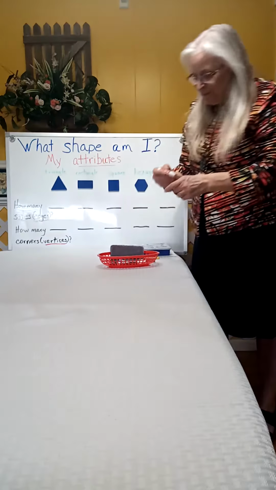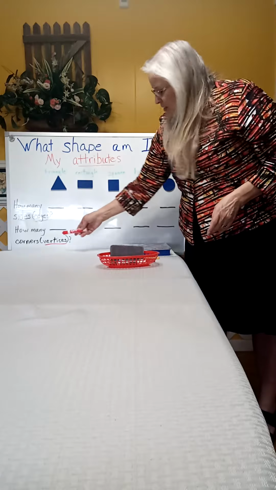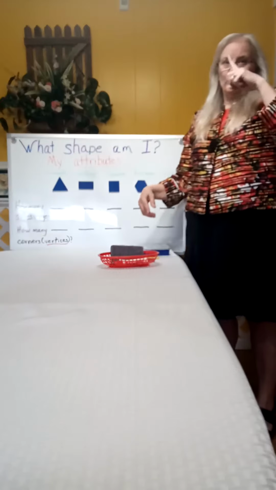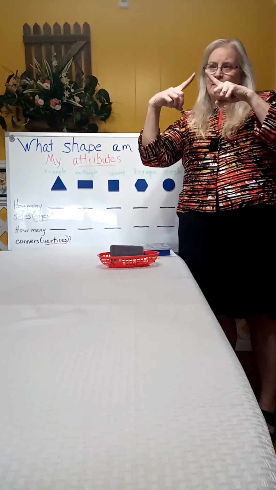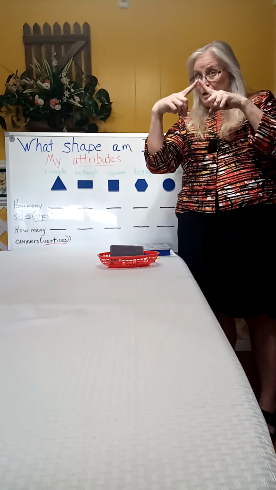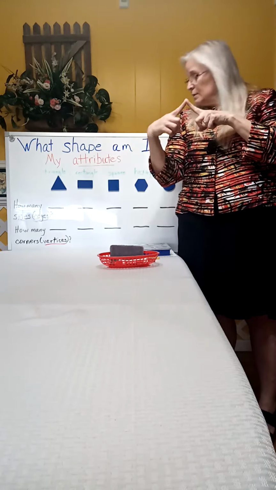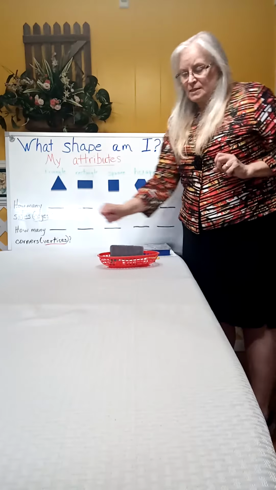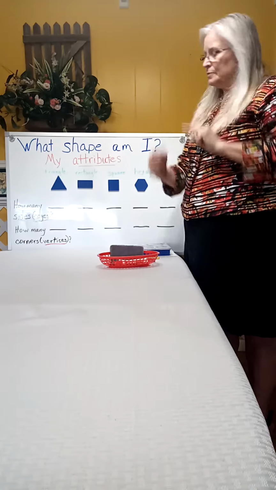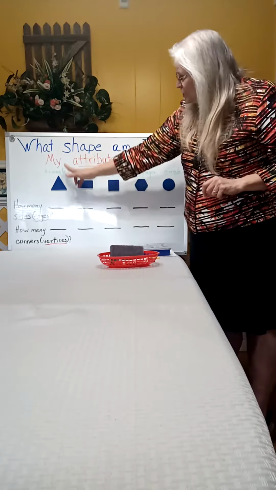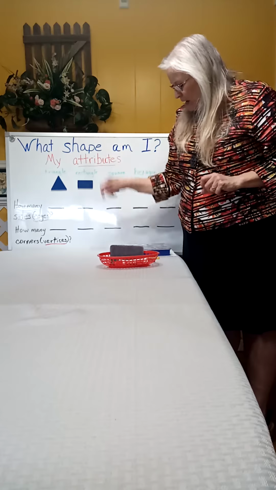All right. Now, vertices actually means where one line and a second line come together and they make a point. That's a vertex. But if you have more than one, it's vertices. Okay, it's the corners. So our first shape is a triangle.